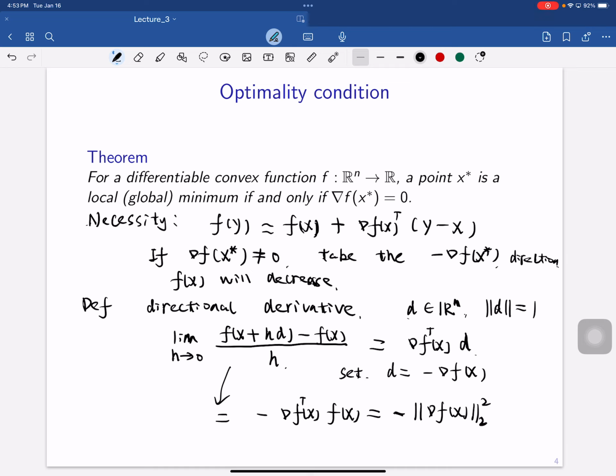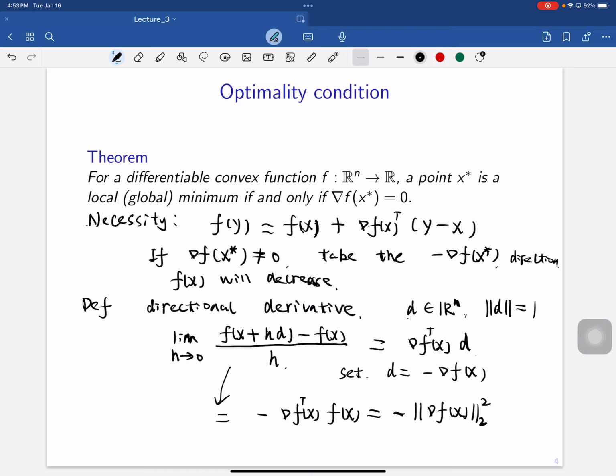Remember that's the norm thing we covered in the previous lecture. So that shows the necessity of why the gradient has to be 0. If the gradient is non-zero and you take the negative direction, you always get a non-zero decrease in the function.